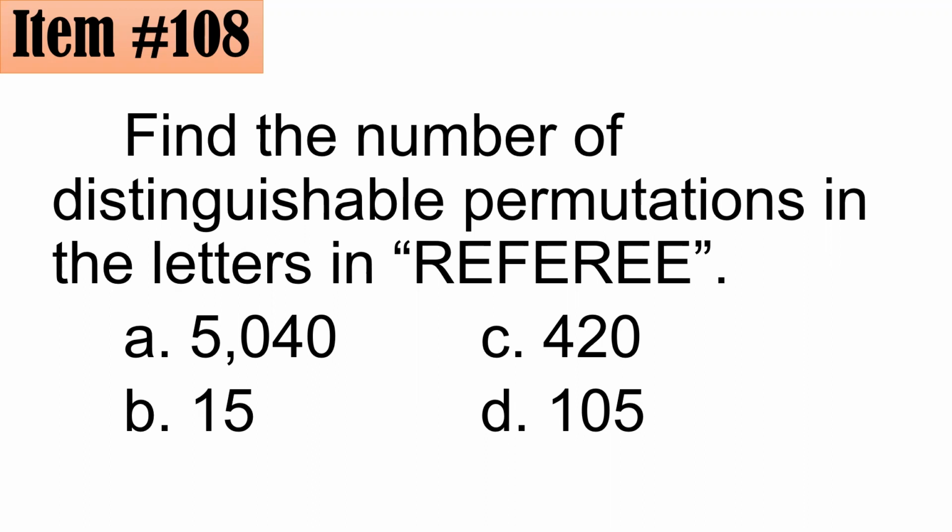Di ba? Okay? And with that, alam natin na this word has 7 letters or objects. So that's 7 factorial sa numerator po natin. And divide po natin, you notice yung R you have 2 R's, so divide by 2 factorial. Meron ka ring 4 na E's, and the arrangement of these 4 E's will not matter.